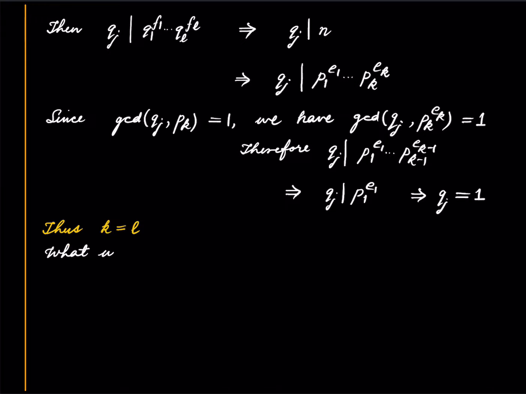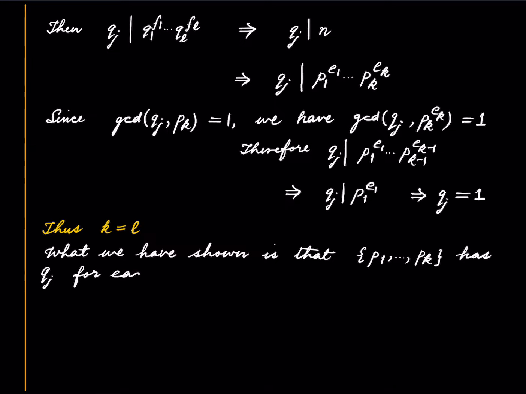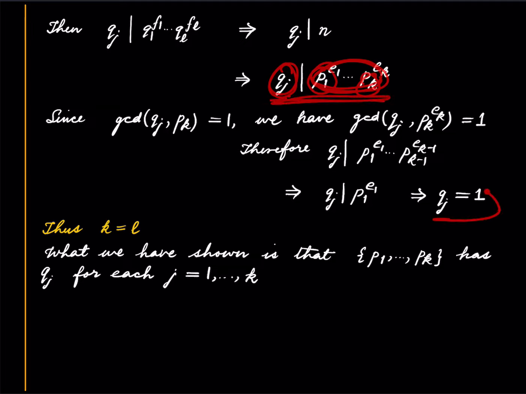What we have shown is that this contains Qj for each j from 1 to L, but we have established that L equals K, so I will write j from 1 to K. Why? Because it's the same argument. If there was some j such that qj does not appear anywhere in the pi's, then this division will again imply that qj equals 1, and that would be a contradiction.